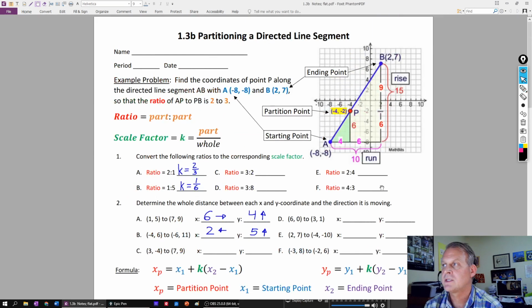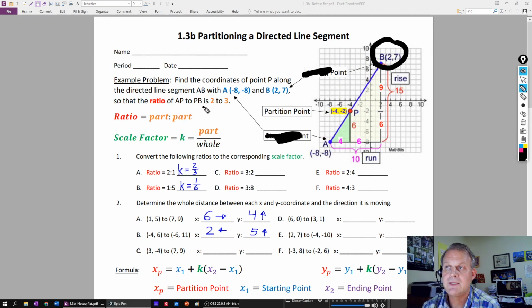Let me explain that to you. If our starting point was not A, but was actually B, and we started from B and still did this ratio of 2 to 3, we would go 2 parts and then stop. So this would be 2 parts here, and then we'd have 3 parts remaining.